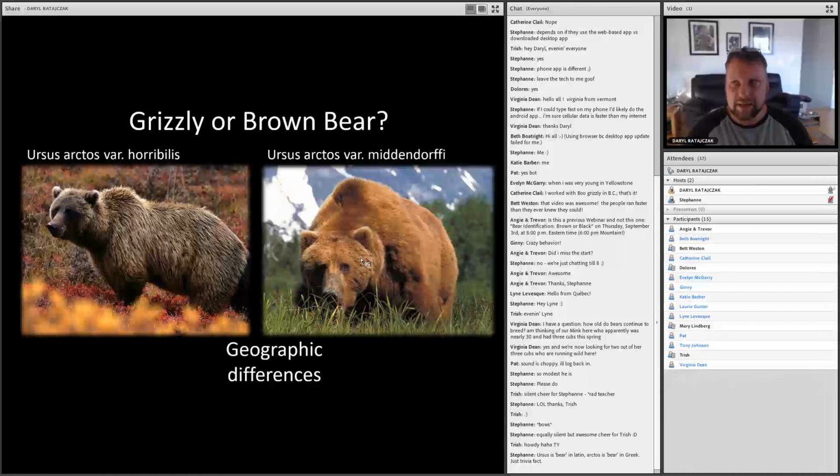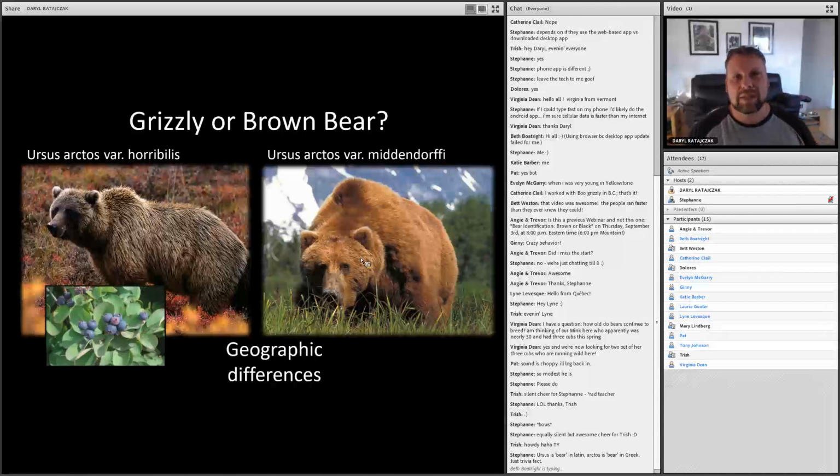You know how much I hate the whole subspecies argument, so I won't go into that. The main reason why they look so different is pretty much geographic difference. And it's not so much the climate, but what it boils down to is what they're eating. So one of the things that really classifies a brown bear as a grizzly is they're found along the interior part of the continent.